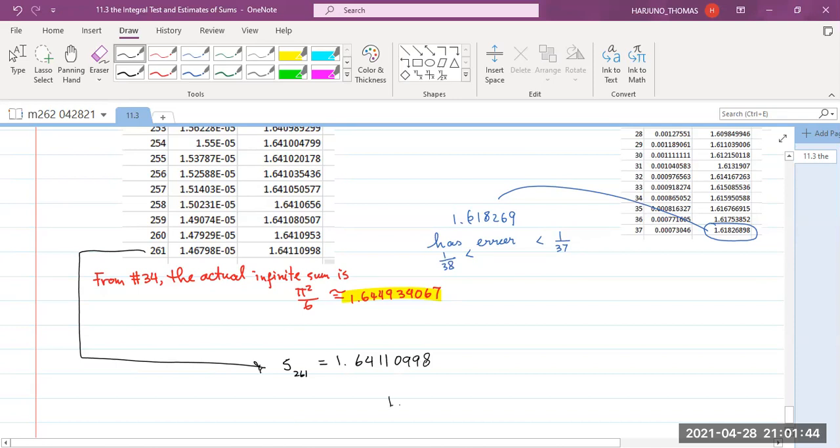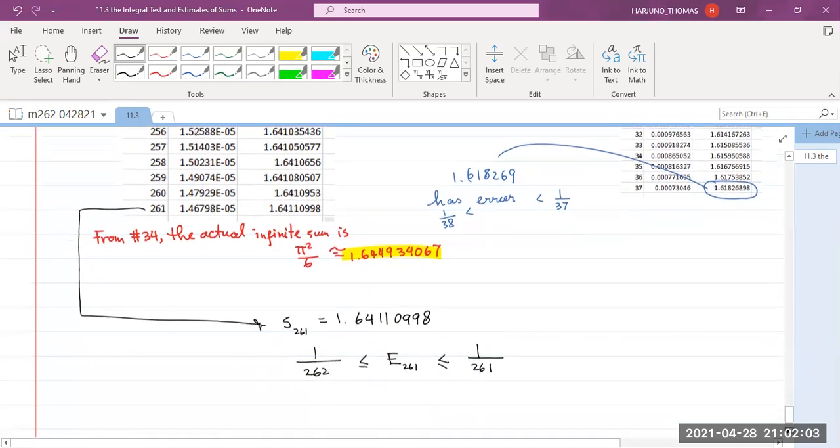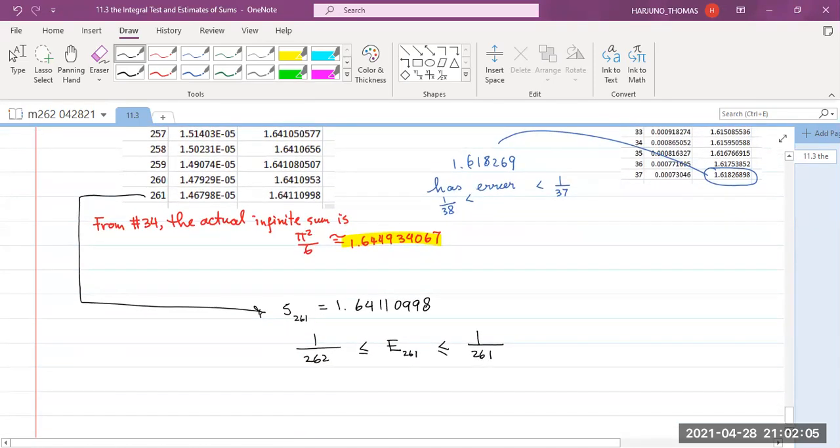Now, the error for up to 261 terms is at most 1 over 261, but at least 1 over 262. That's the error. What is the difference there?